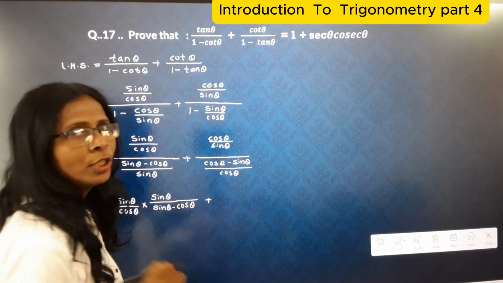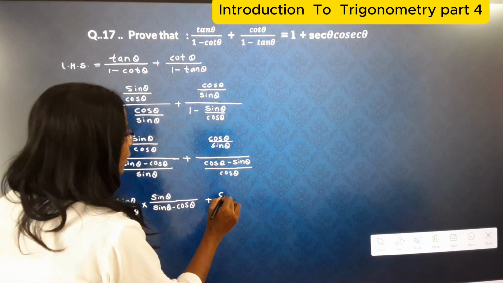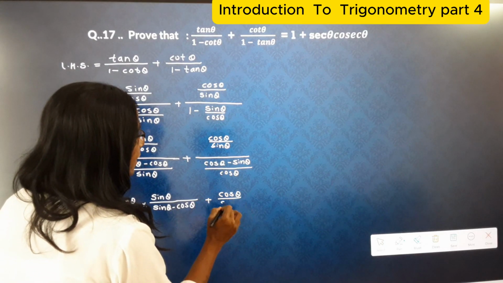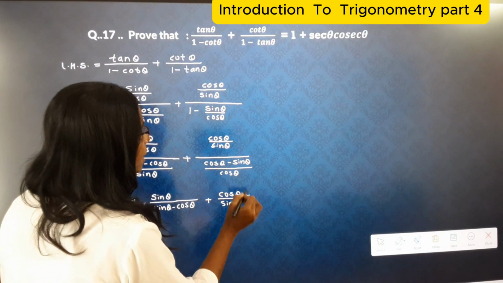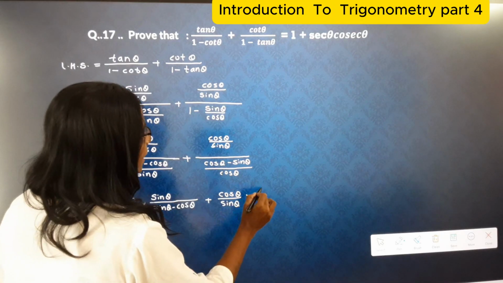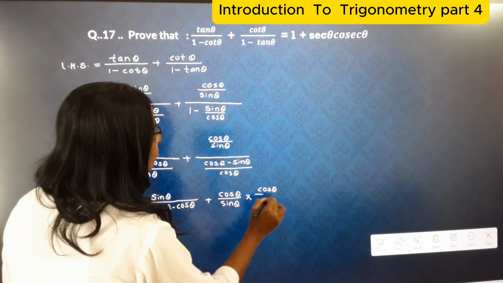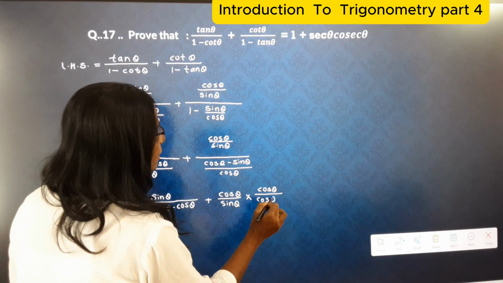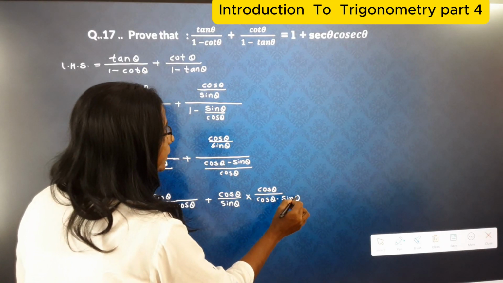Then also write the numerator cos theta upon sin theta, multiplied by the reciprocal of the denominator, that is cos theta upon cos theta minus sin theta.